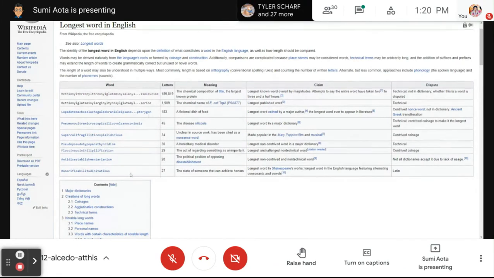So none of these are actual words you would actually use. Well, the other one you've probably heard of is supercalifragilisticexpialidocious, if you've watched Mary Poppins.